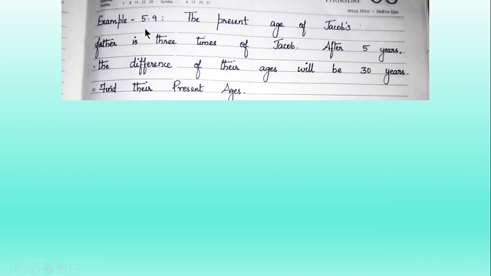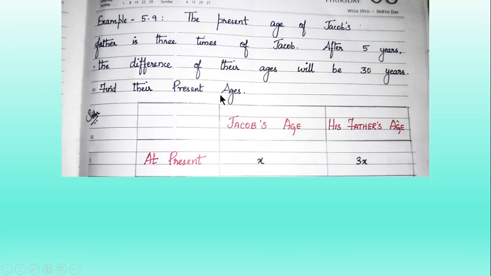It is given that the present age of Jacob's father is 3 times of Jacob. After 5 years, the difference of their ages will be 30 years. Find their present ages. So what we are going to do is separate Jacob's age and his father's age, and find their present age as well as after 5 years.